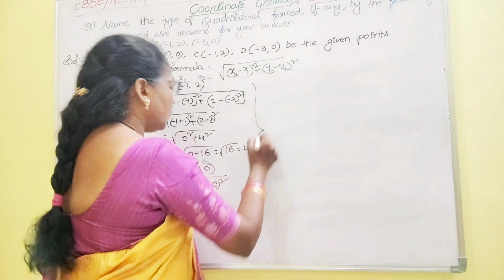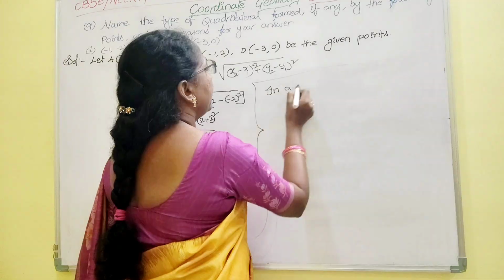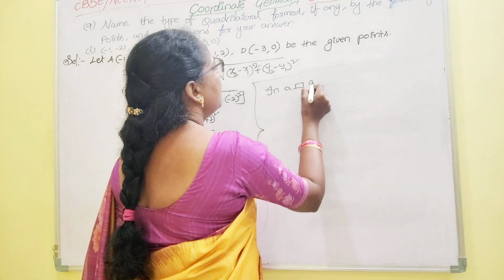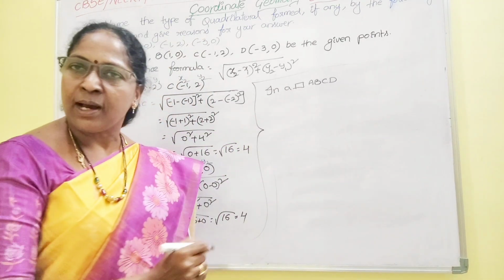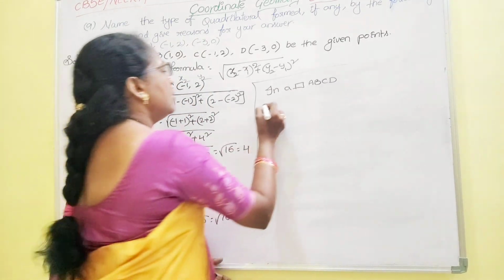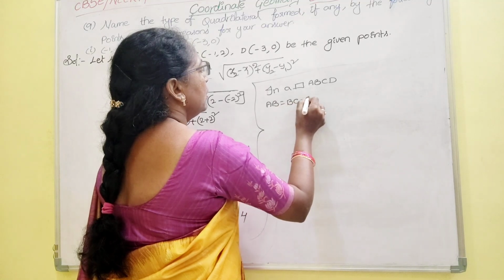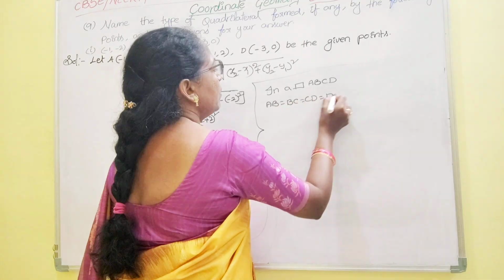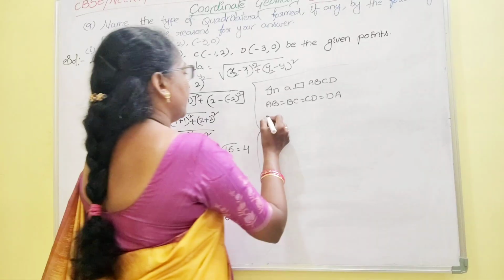So we can conclude that in the quadrilateral ABCD, we already observed 4 sides are equal. So AB equals BC equals CD equals DA. That means here 4 sides are equal.